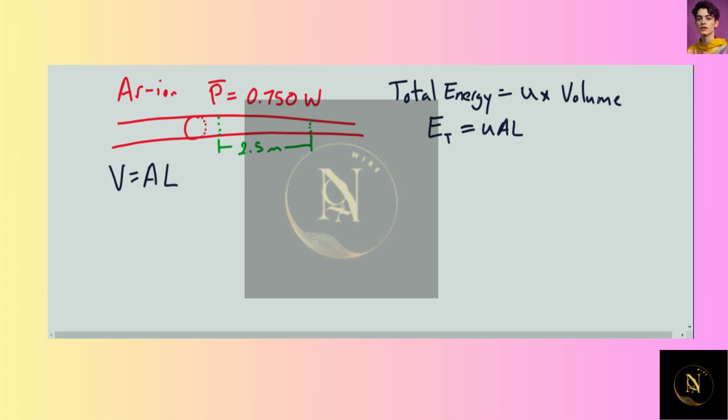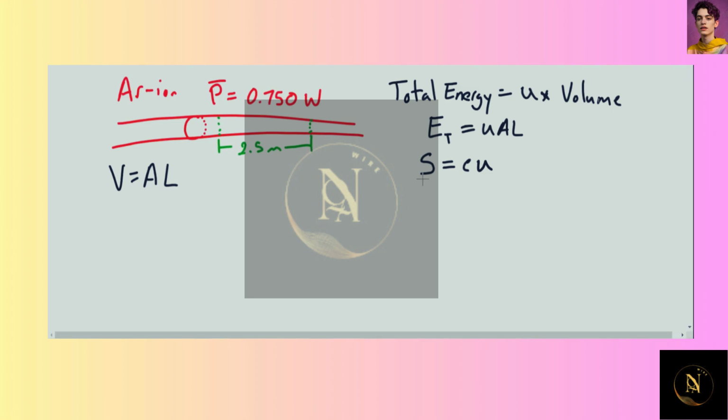Now, we don't know what the area is, and we necessarily won't need to, but we do know L, so let's see if we can figure out what U is. We have a relationship between intensity and the energy density.